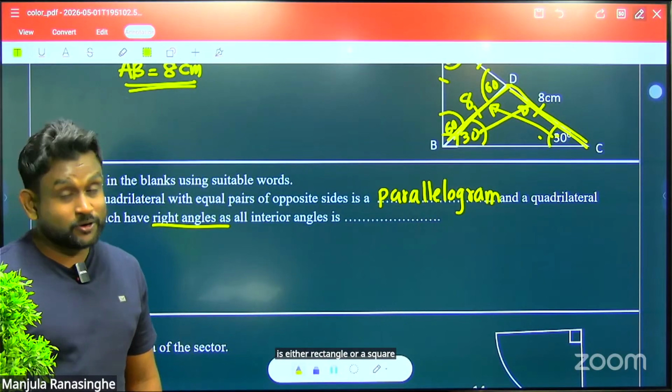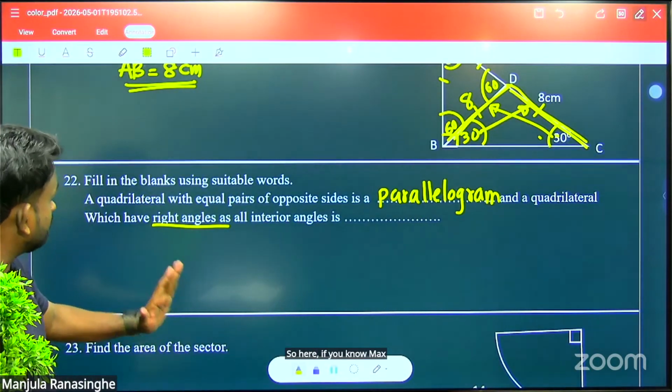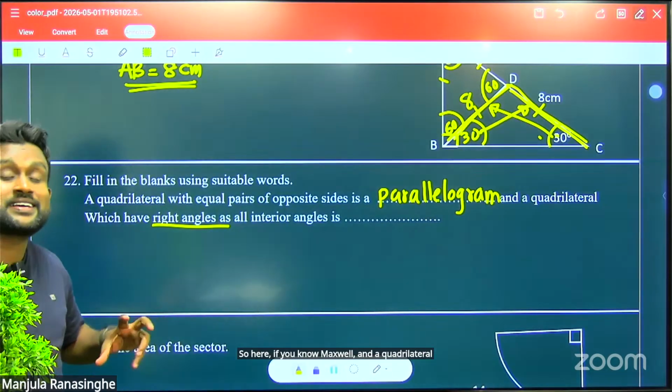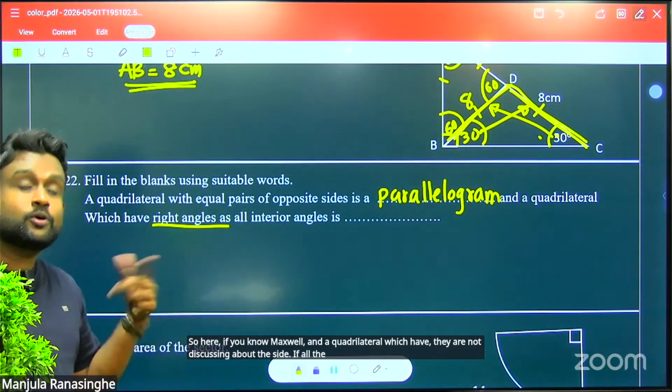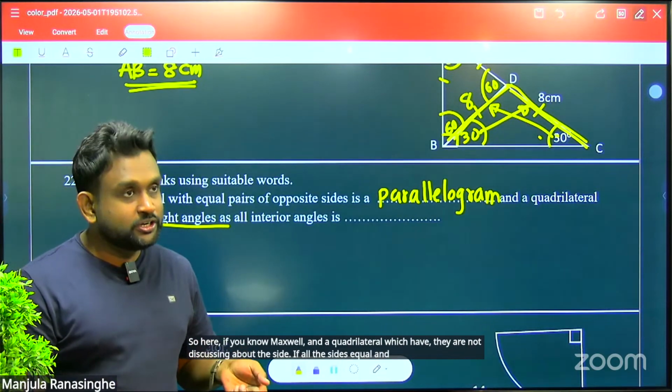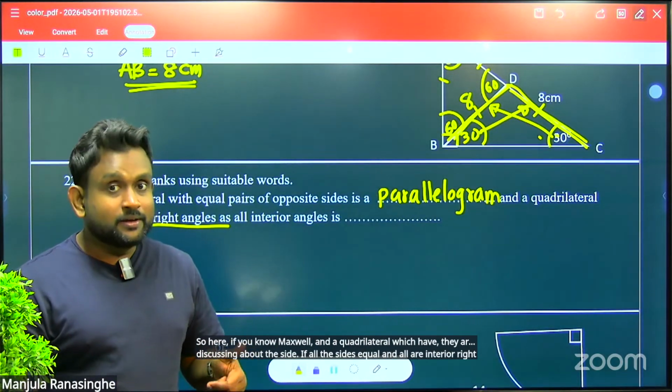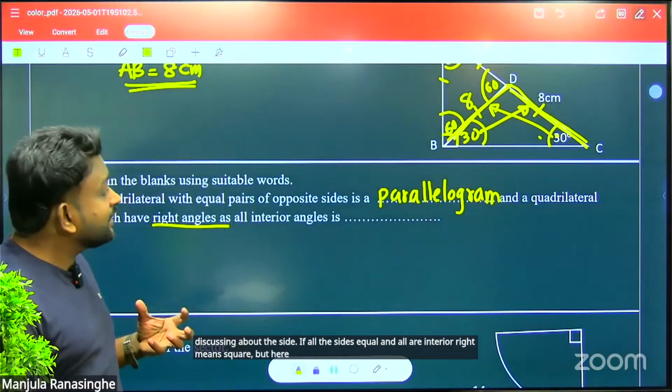So here, if you know maths well, right, and a quadrilateral which has, they are not discussing the sides. Okay, if all the sides are equal and all interior angles are right angles, it means square. But here interior angles only.